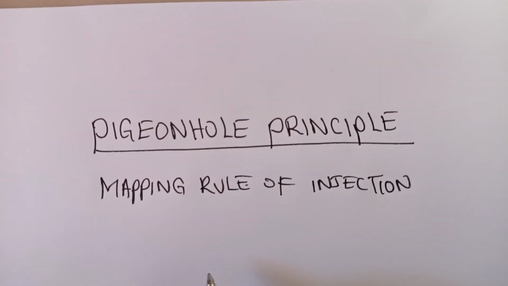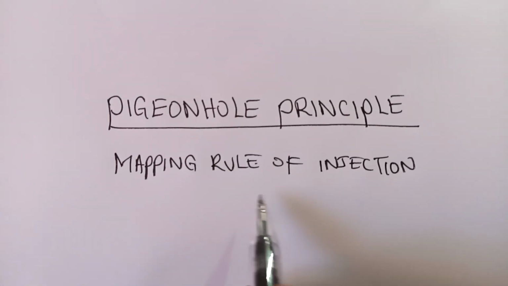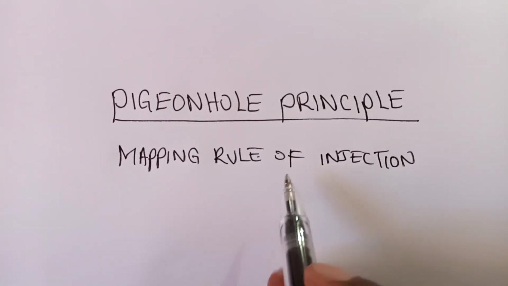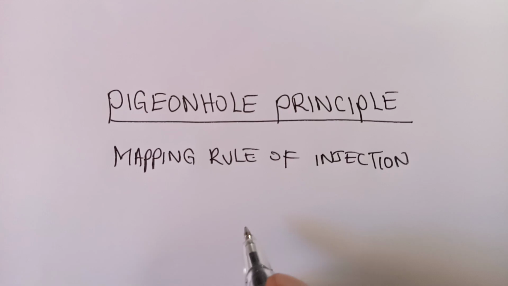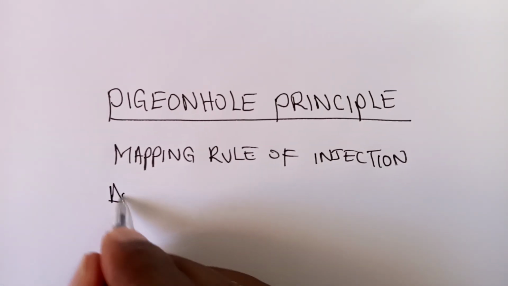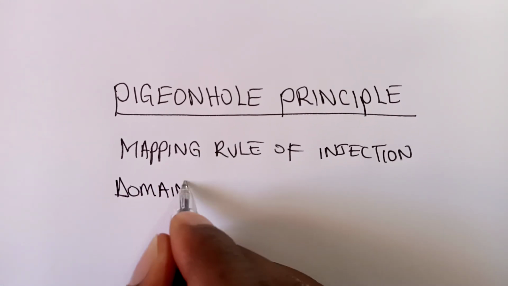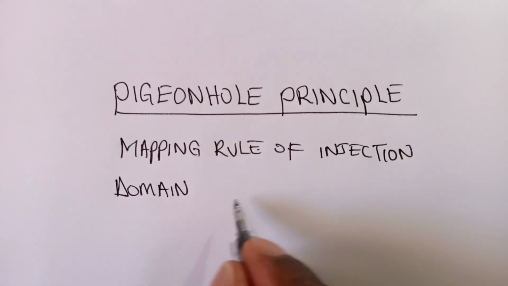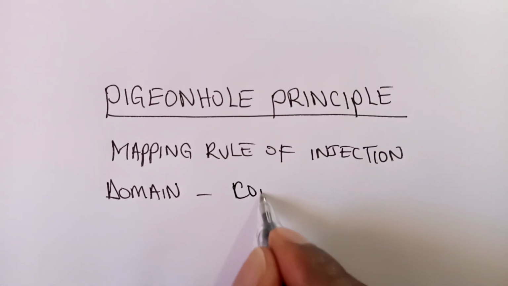In discrete mathematics, we have a mapping rule of injection, which is a function that maps distinct elements of its domain to distinct elements of its codomain.